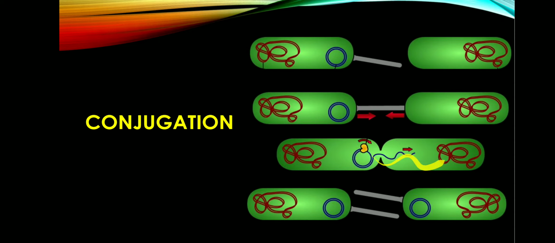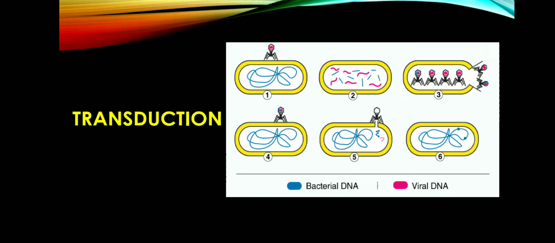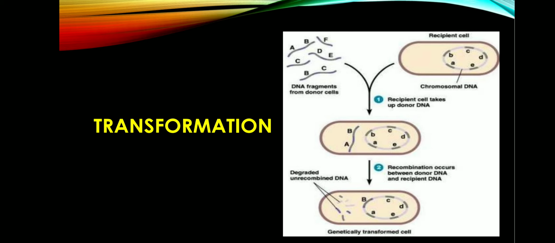to the recipient. In transduction, a bacteriophage acts as a vector in transferring genes between the bacteria. You can see this is a bacteriophage which is going to transfer its gene into the bacteria. Now, what is transformation?